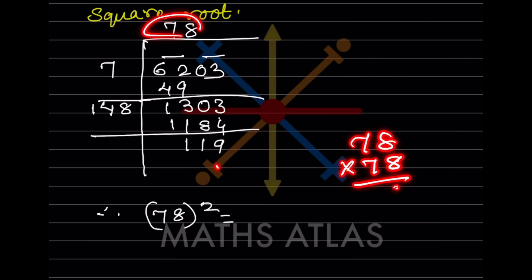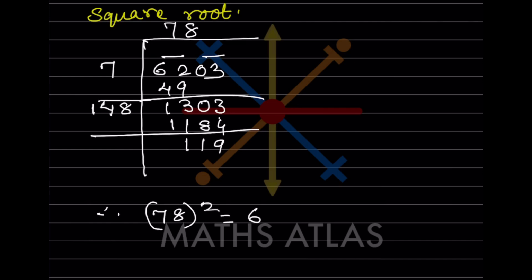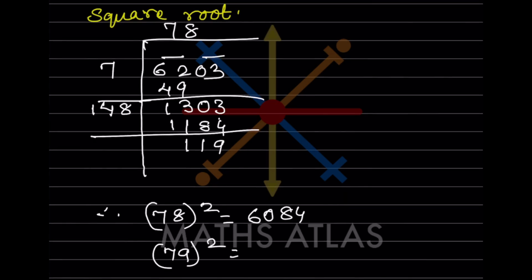This will be 6084. And if you take the 79 square, because it is closest, 79 square is going to be, you can just check, 6241.